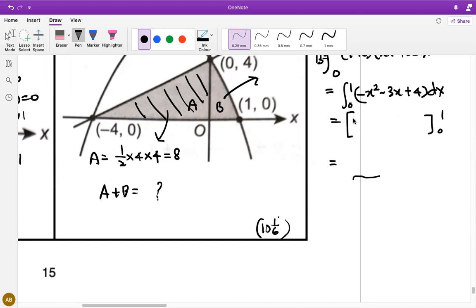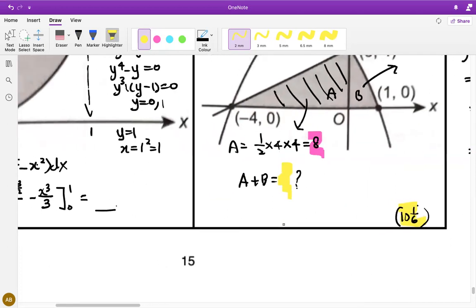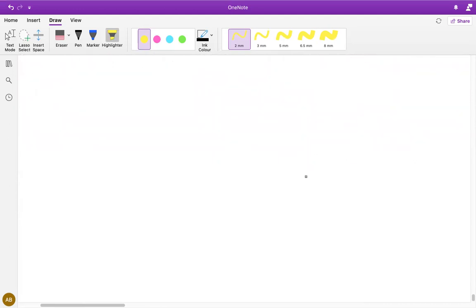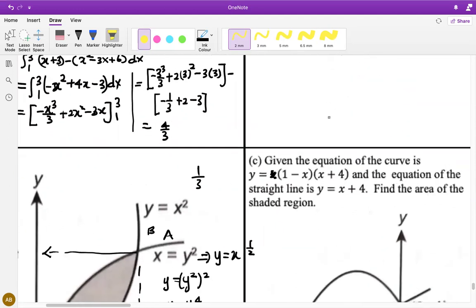Right, so we'll get x cubed. You get the value. So this value plus this value, you get the yellow value, that is 10 and 1 over 6. So you can try by yourself. Right, so the video for area ended here. Please do the exercise in your workbook.